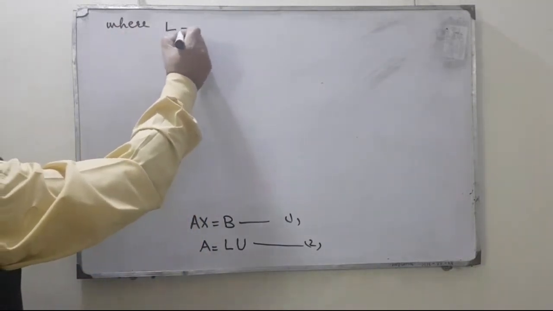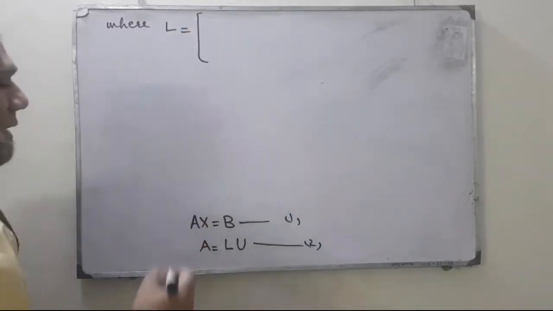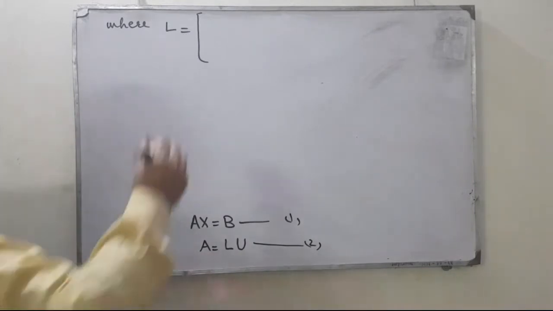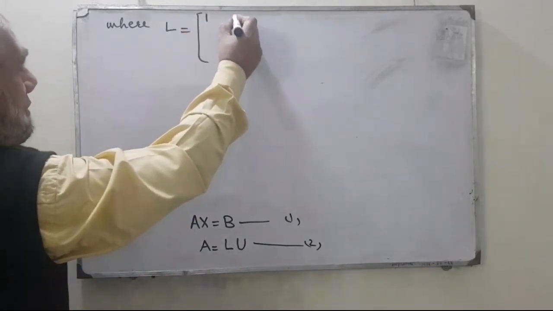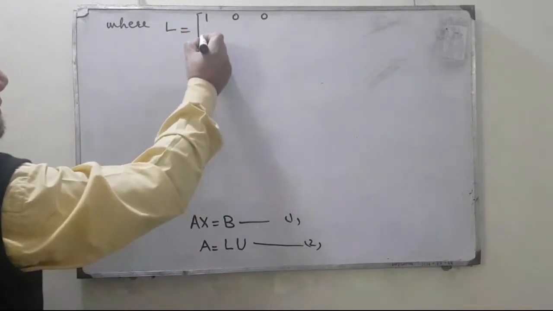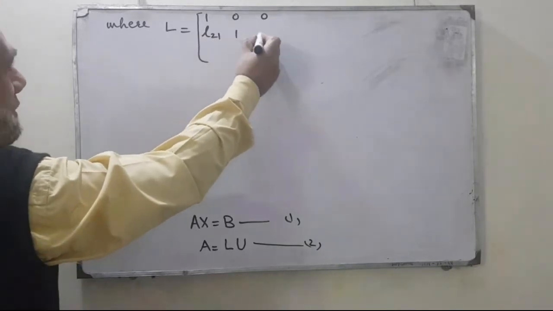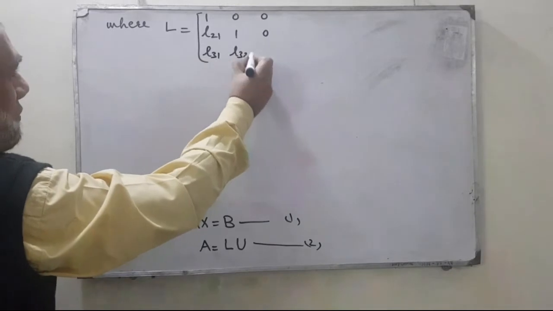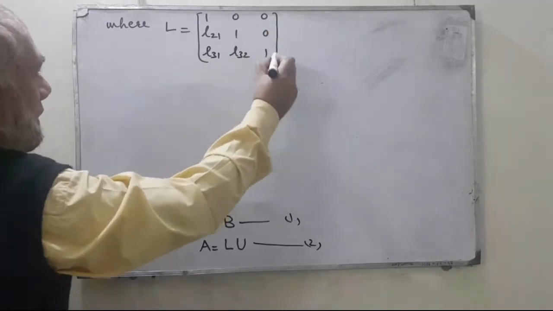L is a unit lower triangular matrix, and the order of L and U is the same as that of your matrix A. So it is 1, 0, 0, L21, 1, 0, L31, L32 and 1.